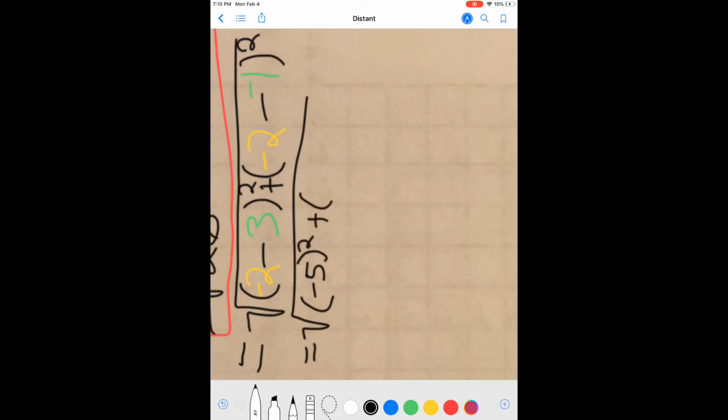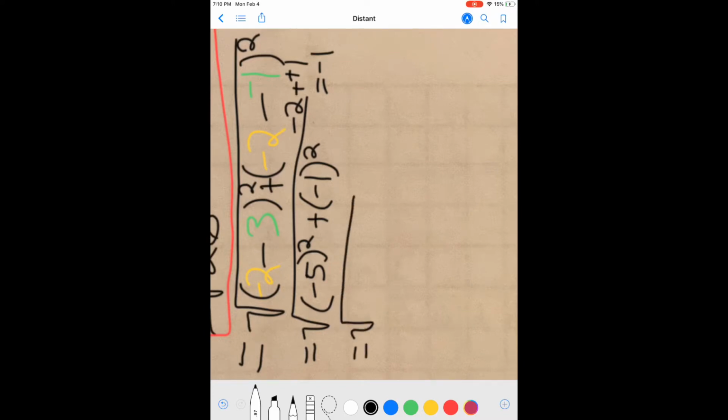In my second parentheses, I have -2 minus -1. Subtraction and a negative beside each other cancel out into addition, or keep change. So -2 plus 1 is -1. So we get -1 in our second parentheses, squared.